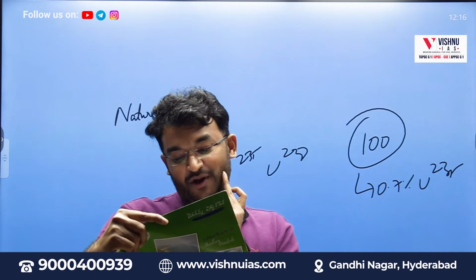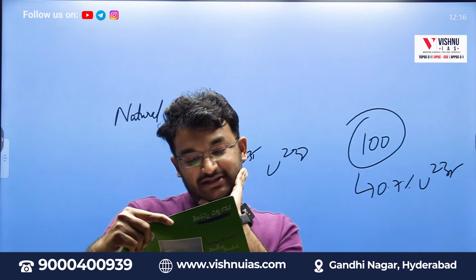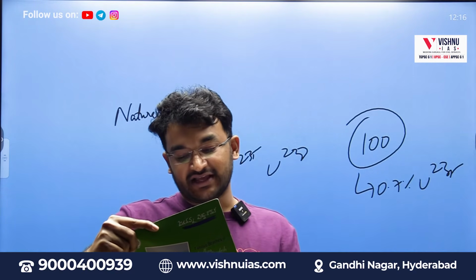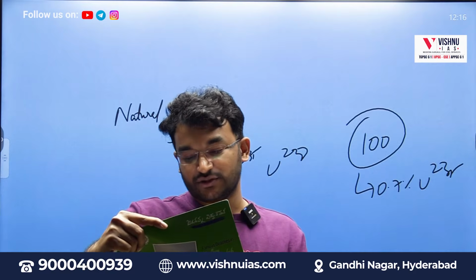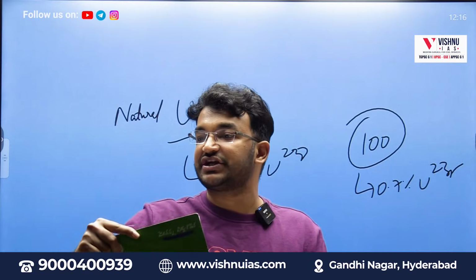Natural uranium contains 0.7% U-235 and 99.3% U-238. Full stop. Enrichment aims to enhance U-235 concentration from 0.7% to 3 to 5%.